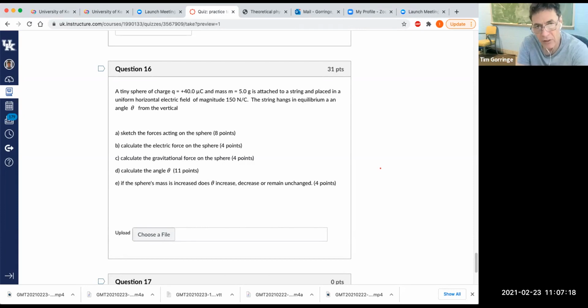And so it doesn't hang vertically downwards on the string, rather it hangs at an angle. And the question is all about the forces involved as it hangs on the string and figuring out the angle at which it hangs, and how that angle would depend on, for example, the sphere's mass, or another example would be the sphere's charge.